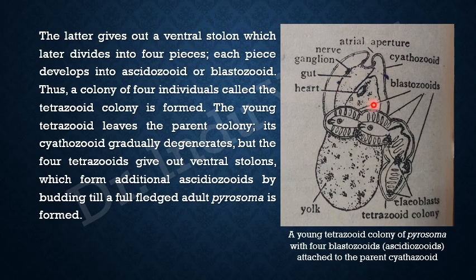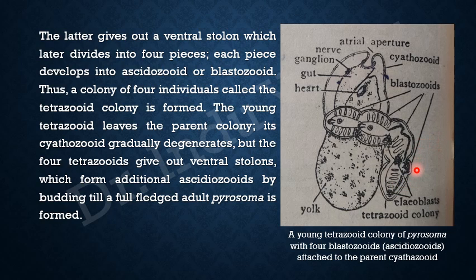After the cyathozooid is finished, the tetrazooids, which have the elaeoblast cells, these cells are responsible for the formation of all the organs in these ascidiozooids or blastozooids. And these 4 ascidiozooids which are attached to each other form the tetrazooid colony.